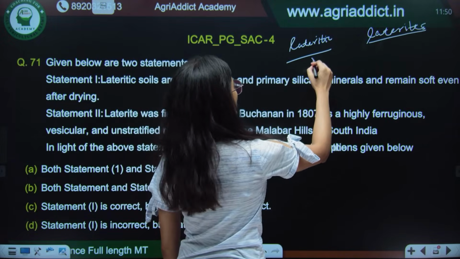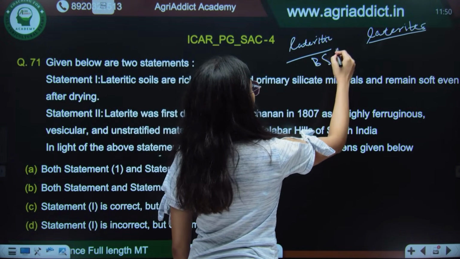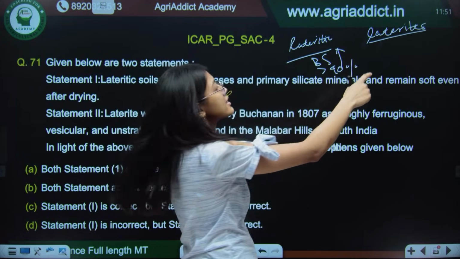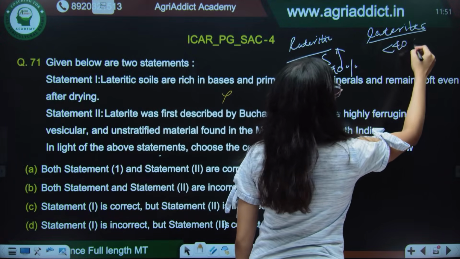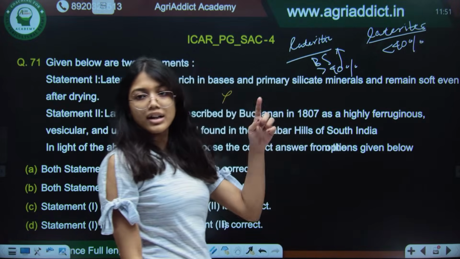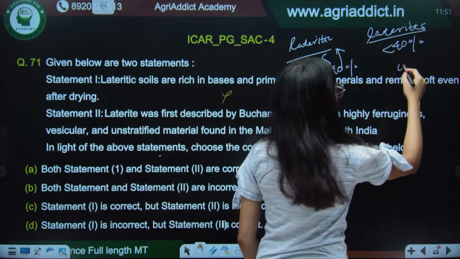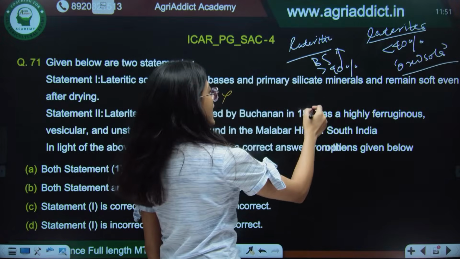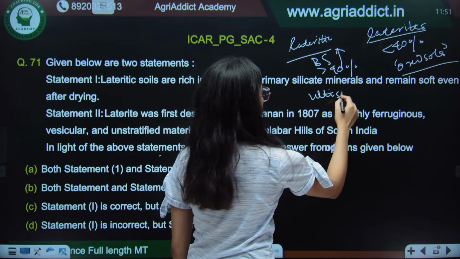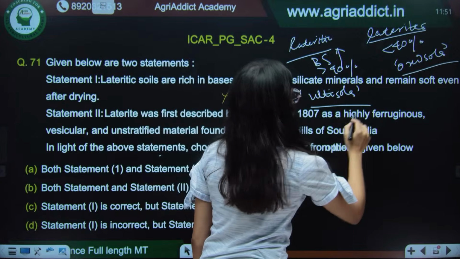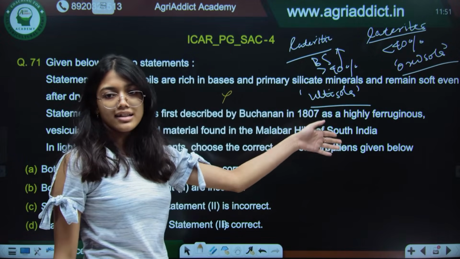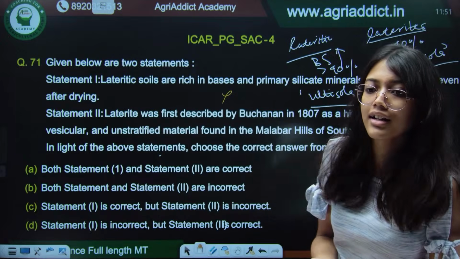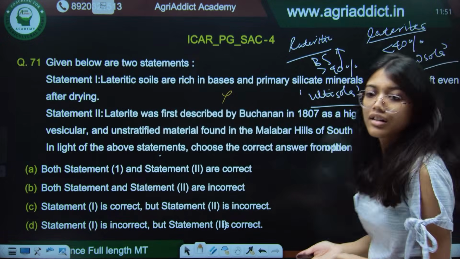For the lateritic ones, the base saturation will be high, that is greater than 40%. And for true laterites, it is less than 40%. The true laterites will belong to oxisols, highly weathered soils. But the lateritic soils will belong to ultisols, a bit lesser weathering than that of true laterite. So, this is the difference between lateritic soil and laterite soils.